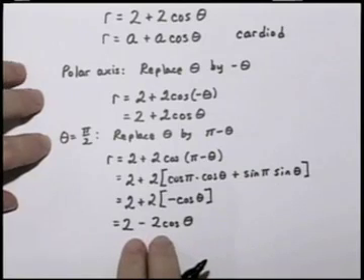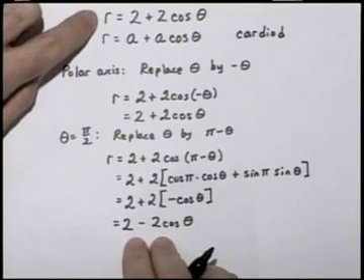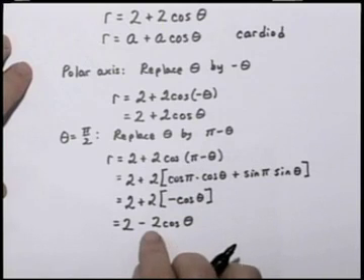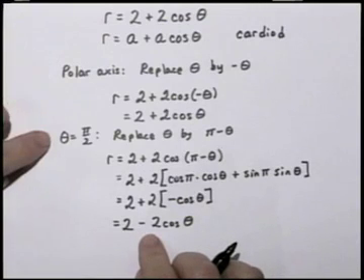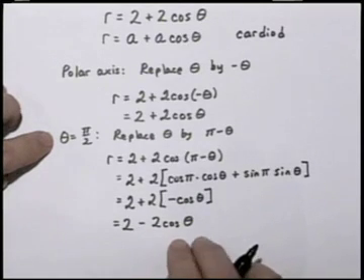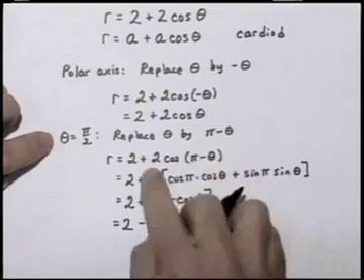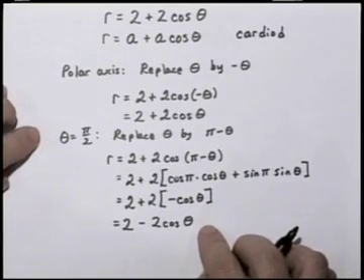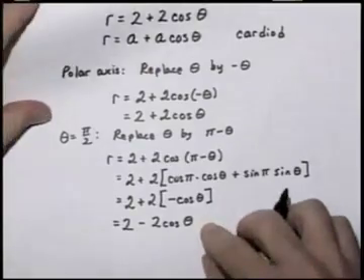So this equation is not equivalent to the original equation. So the test fails. What this means is that the graph may or may not have symmetry with respect to the line theta equals pi over 2. Why? Because these tests are sufficient to show symmetry, but they are not necessary to have symmetry.